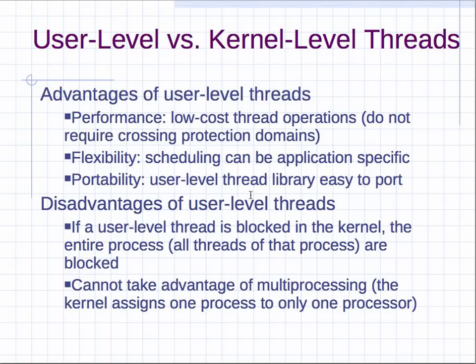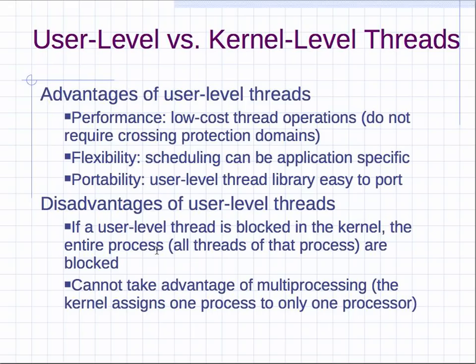Okay. So a disadvantage of user level threads, for one thing: if a user level thread is blocked in the kernel, the entire process will be blocked. What does that mean? That means one single thread could crash your program. If your program consists of 2 threads, maybe 100 threads, and one of them blocks or is somehow hung up, your entire program could crash.